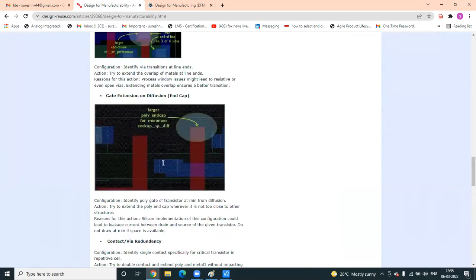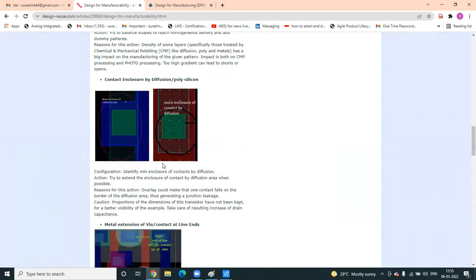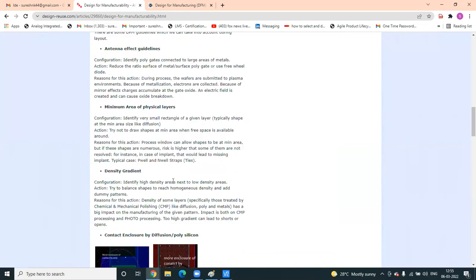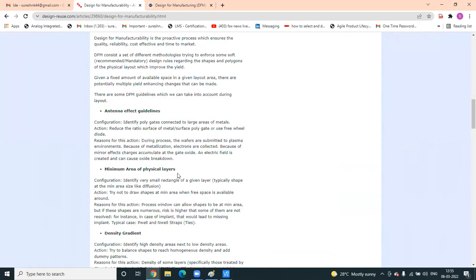These 4-5 errors you can tell, that is fine. Density, minimum area, like some metal you are taking minimum, that also comes under DFM. Okay, this PPT I'll share it.